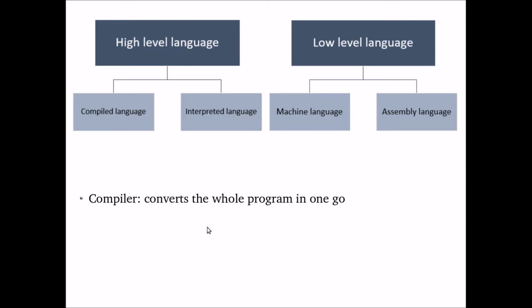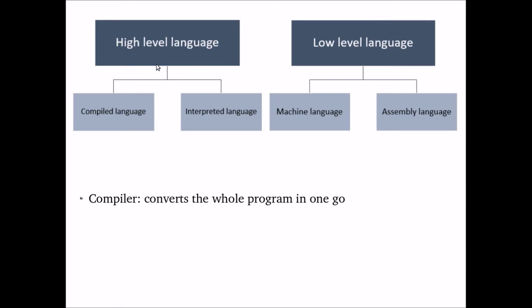So compiler is a technique in which a program written in high-level language is compiled in a single go, and then that executable which is formed as a result of compilation of a program is run later on. Means what is done in a compiler is that a full program is compiled and converted into an instruction set which can be executed by the computer.